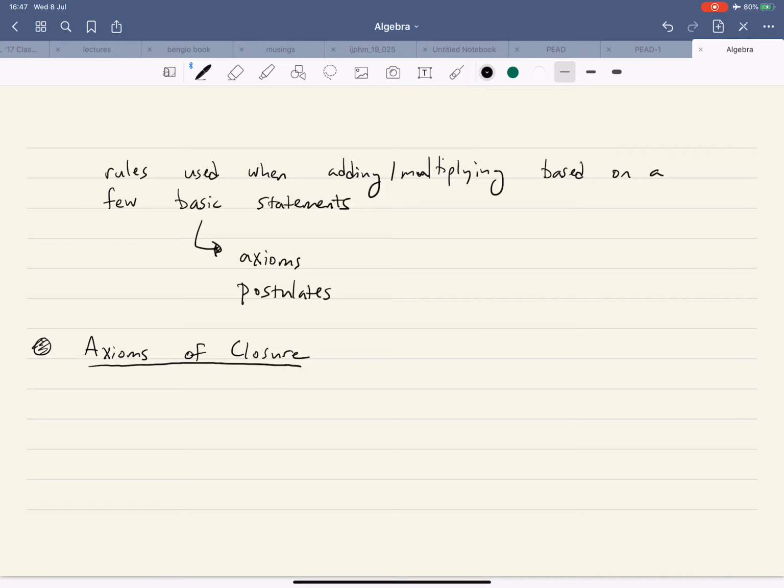The reason that we concern ourselves with the axioms of closure is that we ask the question: if I have two inputs to my adding machine that are real numbers, is my output also going to be a real number?